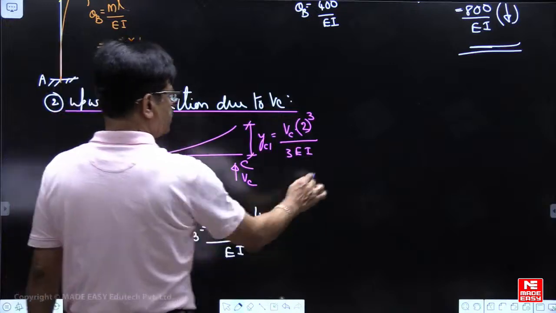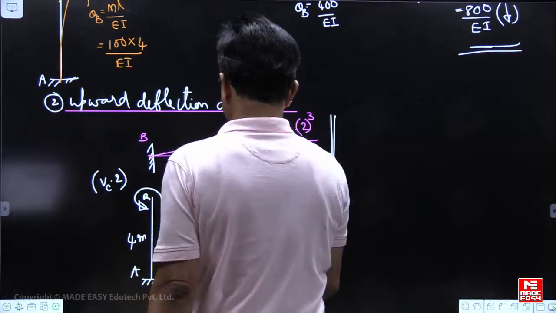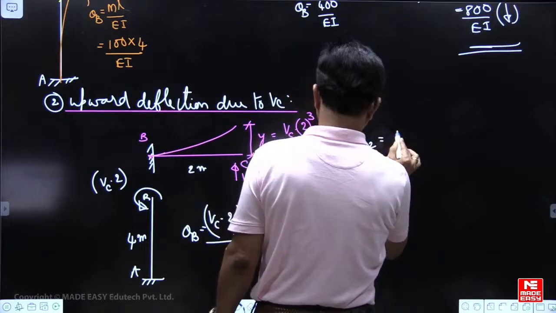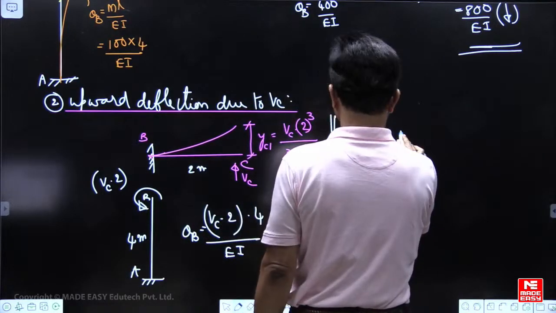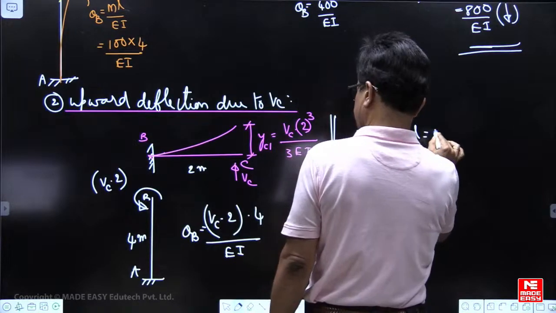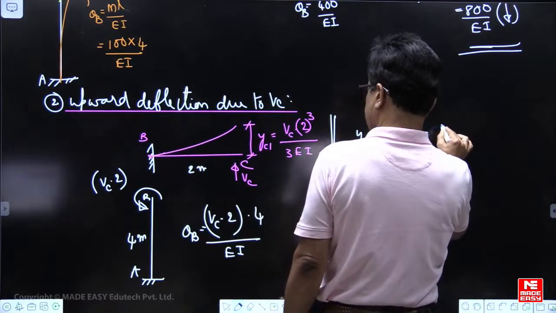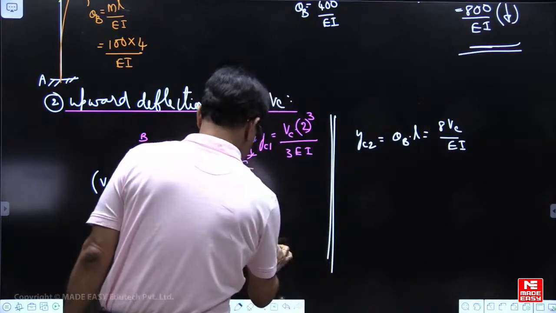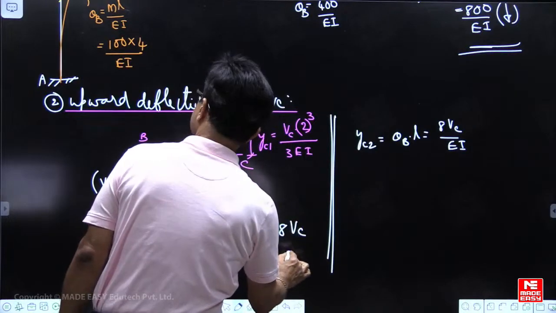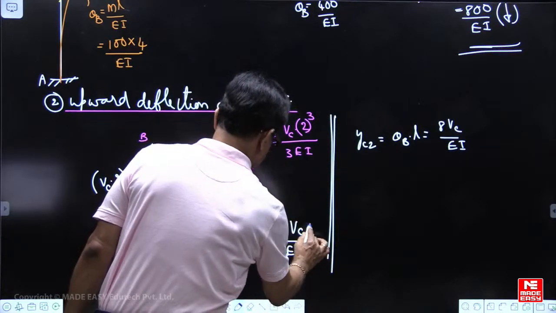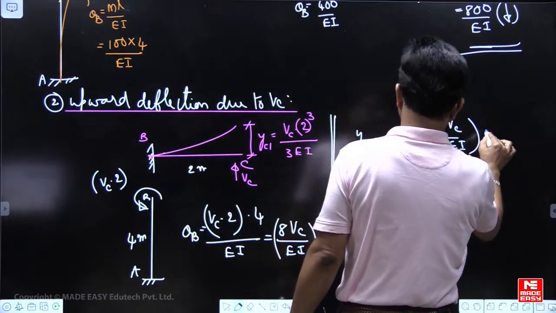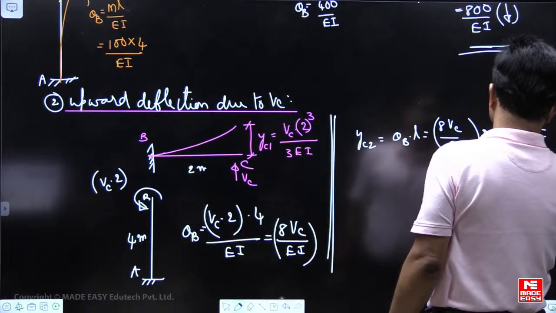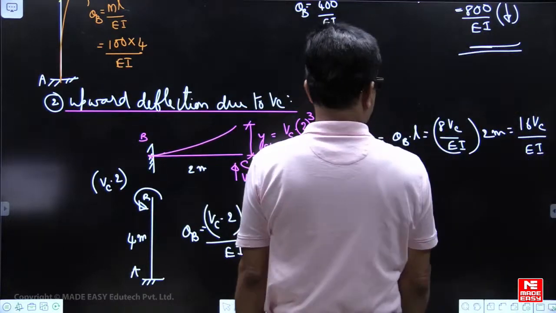This is theta B. Now YC2 if you want to find, YC2 is theta B into L. Eight VC by EI into this length, 2 meters. This is the upward deflection.